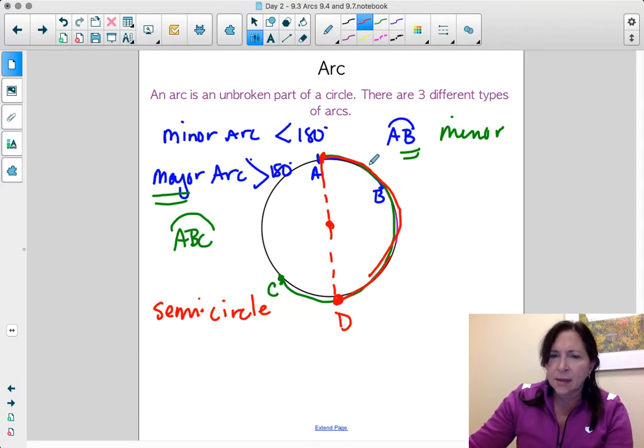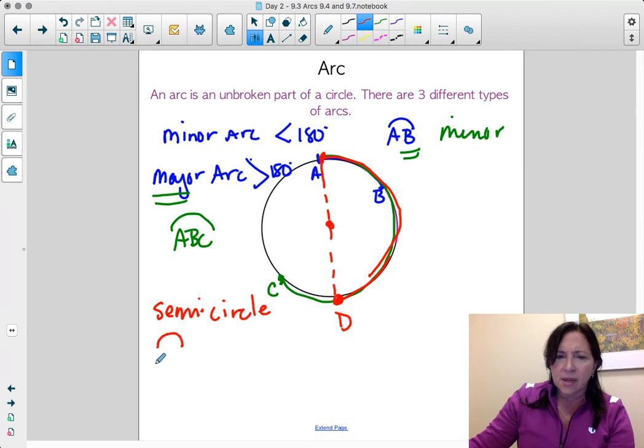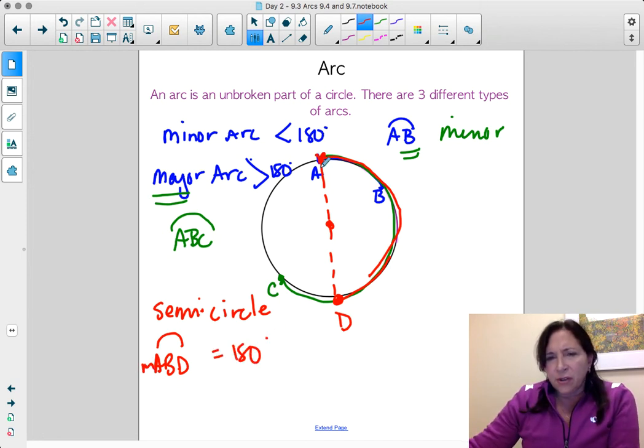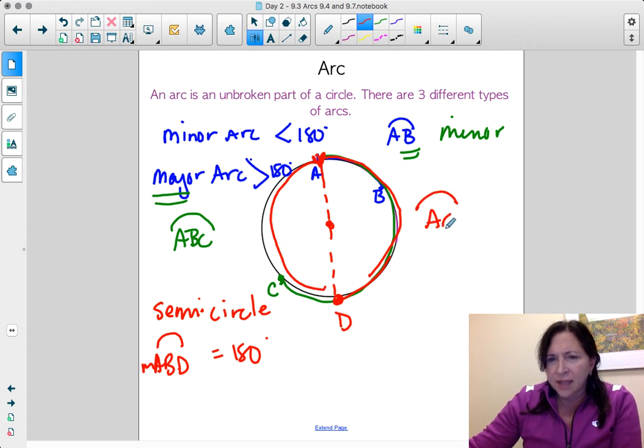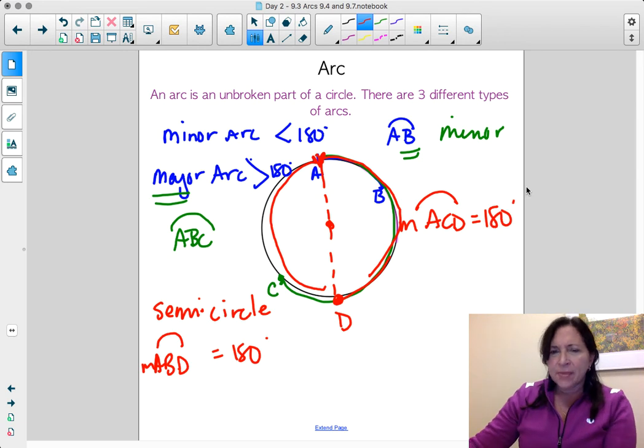So let's call that D. So my semicircle would look like this, arc ABD, and that has a measurement of 180 degrees. But you also could say arc ACD, the measure of that arc is equal to 180 degrees, and that's a semicircle.